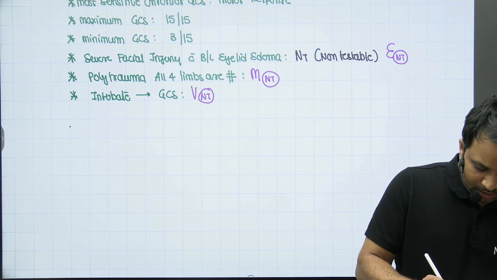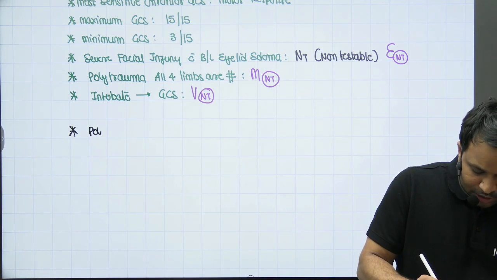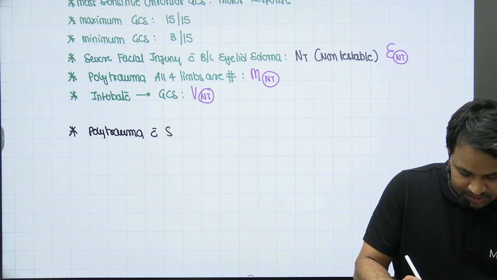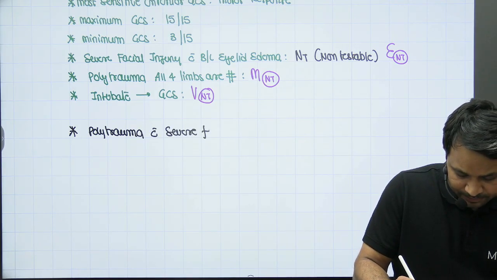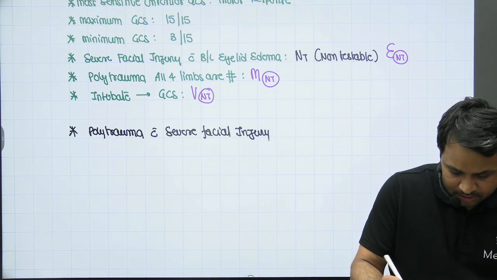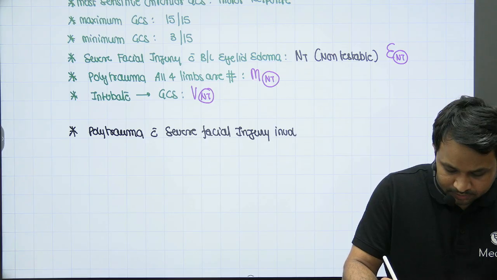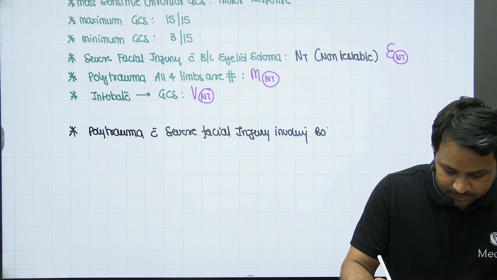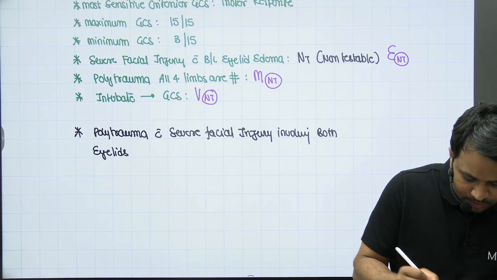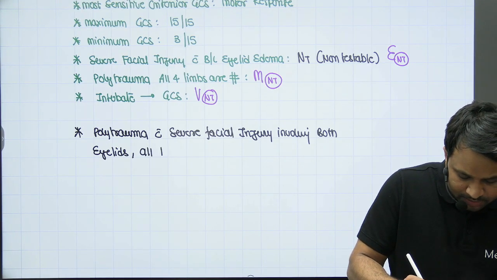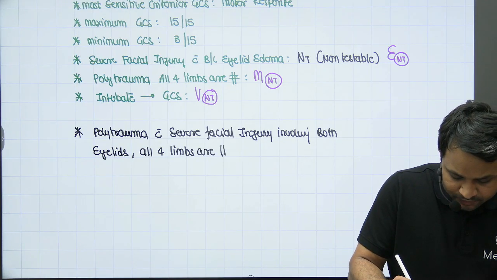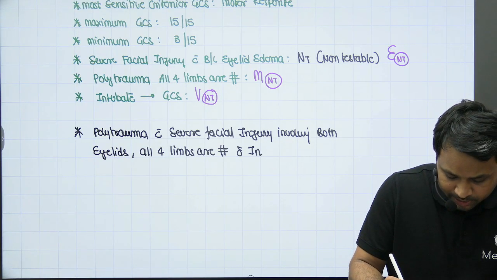So if I give you a patient who is having polytrauma with severe facial injury involving both the eyelids, they are swollen, all four limbs are fractured and intubated.